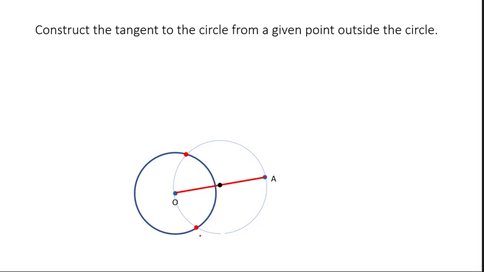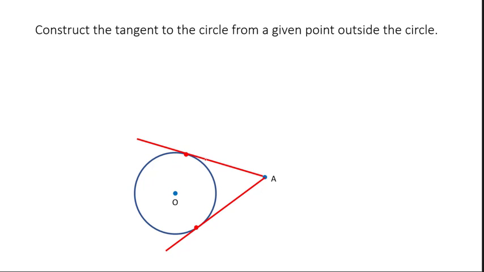Once you have those two intersection points, we just connect the dots. From point A through the top point is our first tangent line, and from point A through the bottom point is our second tangent line. You can erase everything else, and we now have our tangent lines like this.